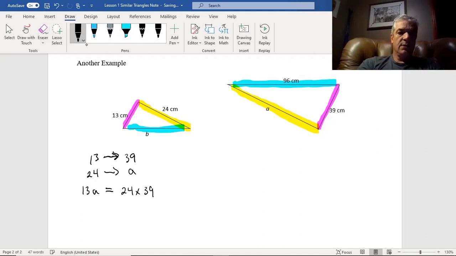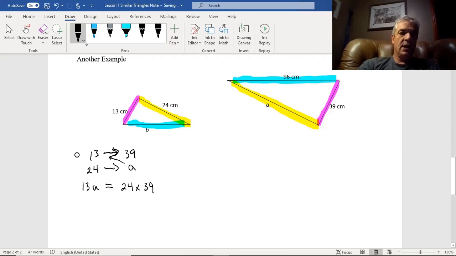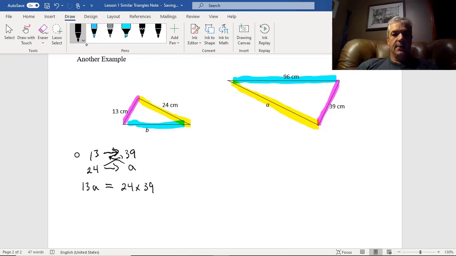Once I cross multiply, it allows me to get the equal sign. So remember, A goes to times here, and 24 goes to times 39, okay? And we generally put the things on the top row. It wouldn't be wrong to write the 24 times 39 on this side and the A equals 13 here, but we just generally do it in that fashion, okay? So now what I'm going to do is solve this.